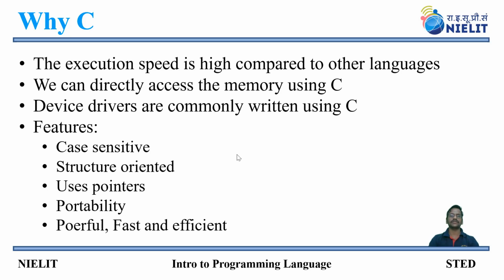That is why C is mostly used for the development of device drivers. And what are the features of C programming? C is case sensitive and structure oriented, and it uses pointers to access particular memory locations. C is also portable, powerful, fast and efficient.